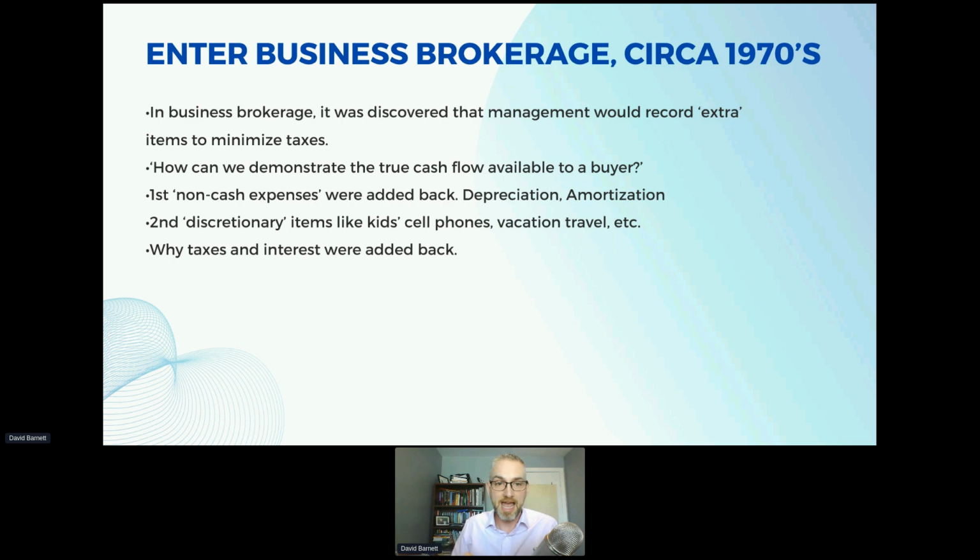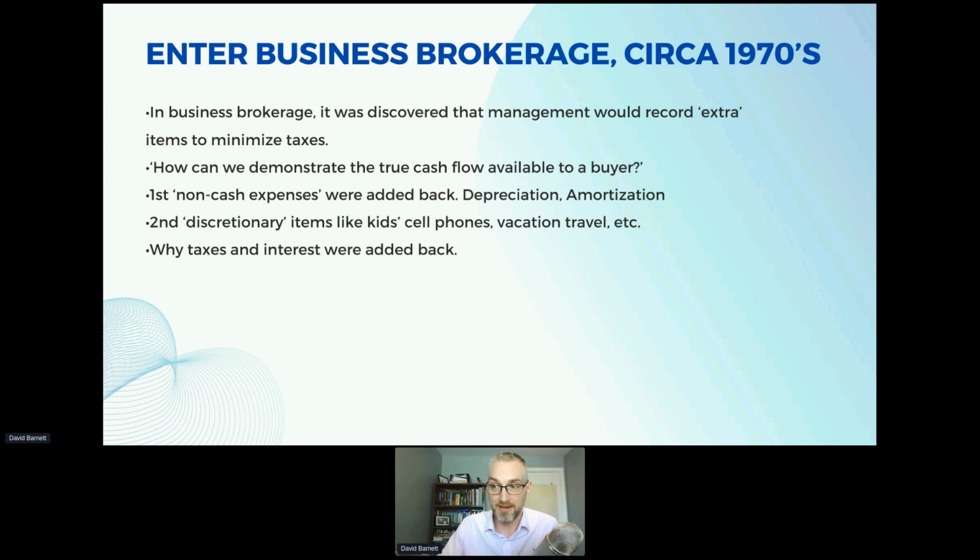in acquiring the business. And taxes, the reason why that was added back was, of course, because everyone in this industry started to realize that taxes were discretionary based on how you manage the business. If you jammed more personal expenses in and called them business expenses, your tax bill would be lowered.